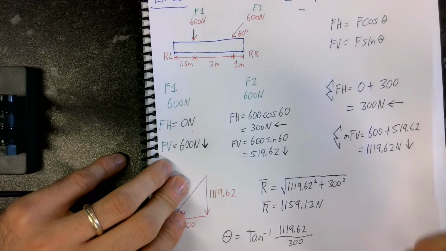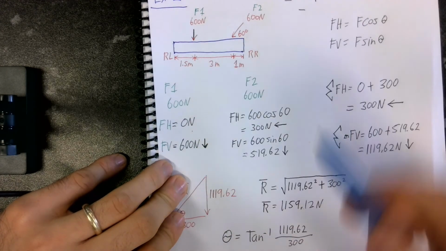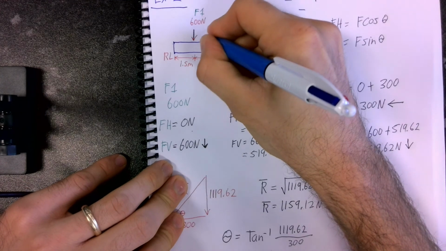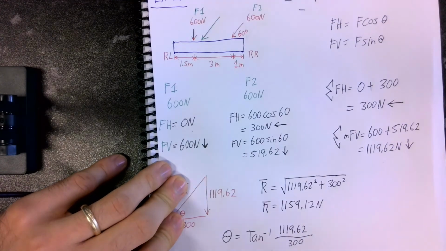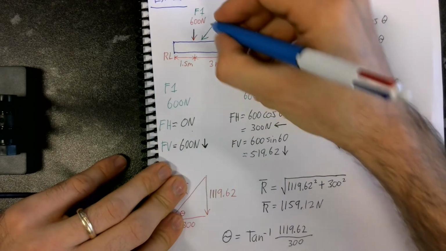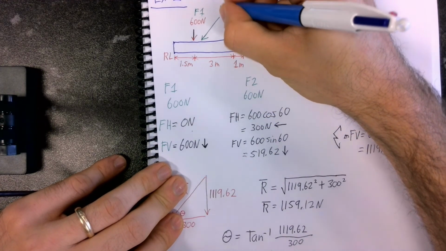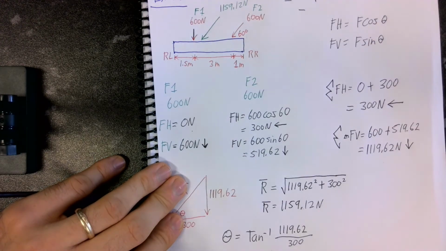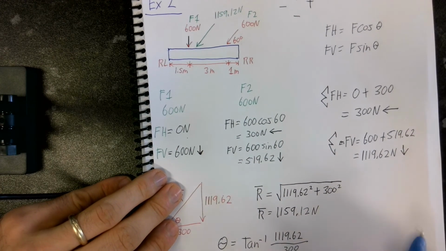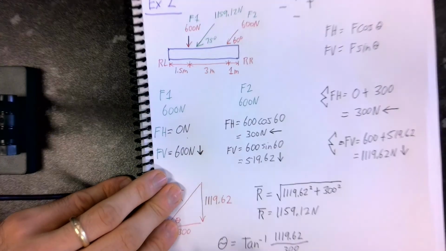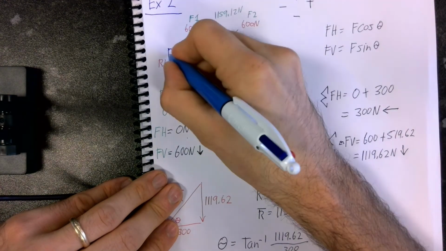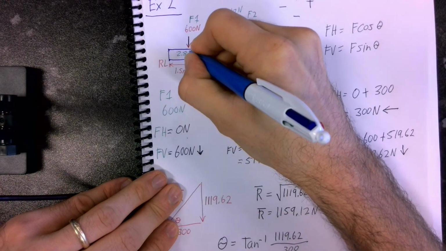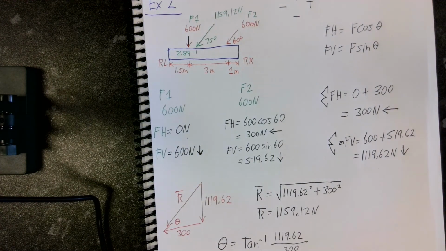It's a negative, so you would have an arrow that looks something like this, and it would be 1159.12 newtons, that's your resultant, at an angle in here of 75 degrees, and then the distance from there to there would be 2.89 meters, because that's what you've just found out. You're saying that is the resultant, angle and how far along that beam it would be.